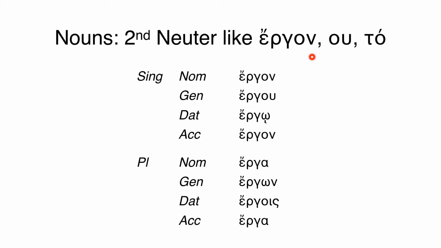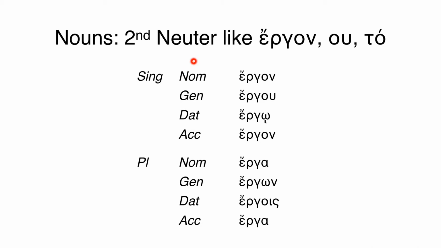Now the second bit, u, is the genitive singular ending, and then the ta is actually the neuter singular article, remembering that the lexical entry requires you to list the nominative singular form, the genitive ending, and the article that goes with it. So this information is enough to tell us how ergon will decline, what the endings will be for these nouns. So let's go through them.